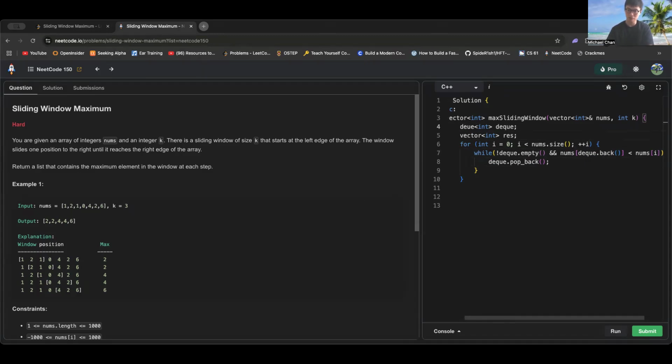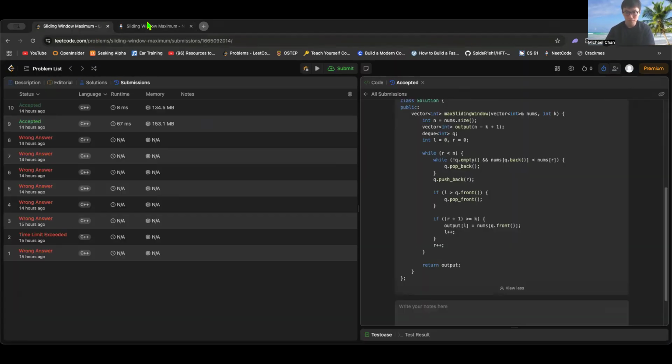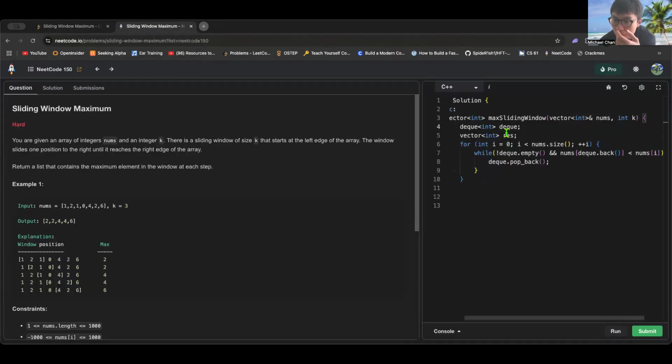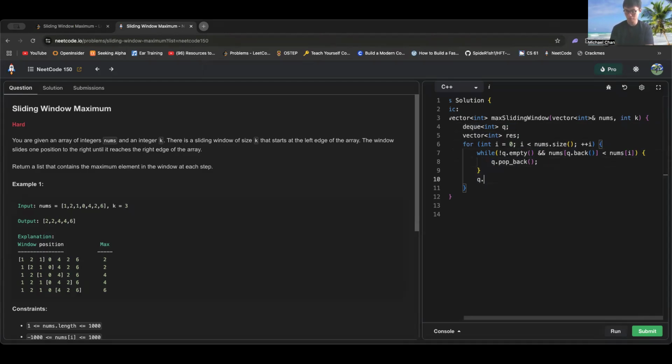Let's use dq. Is that what it is? And then once it's bigger, then I'll push back i, right?